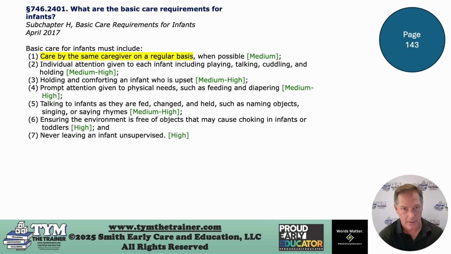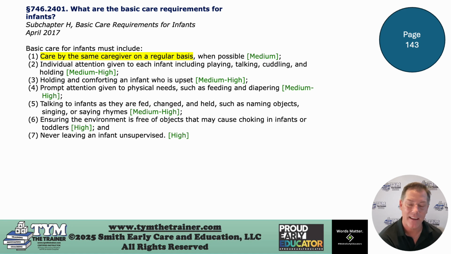And most of it is on infants. But you're going to see right here under the basic care requirements for infants, and you're going to see this again for toddlers: care by the same caregiver on a regular basis. That is so important. We know that those meaningful connections, those relationships, having a secure, healthy attachment figure is so critical for the children's development.